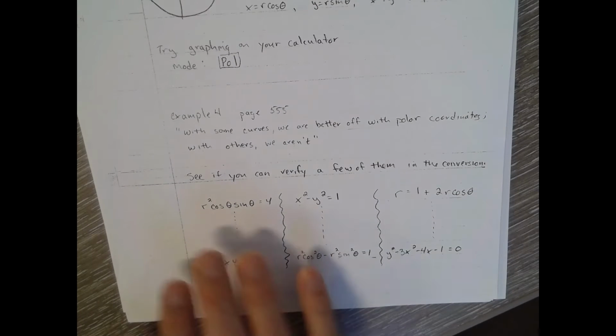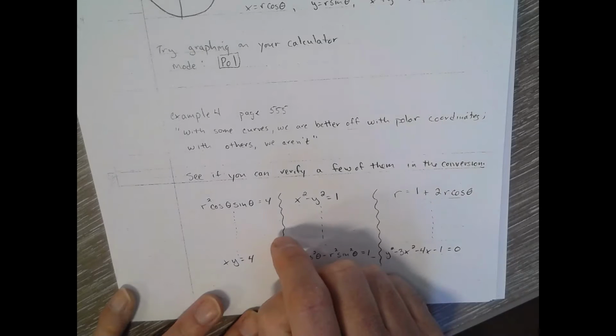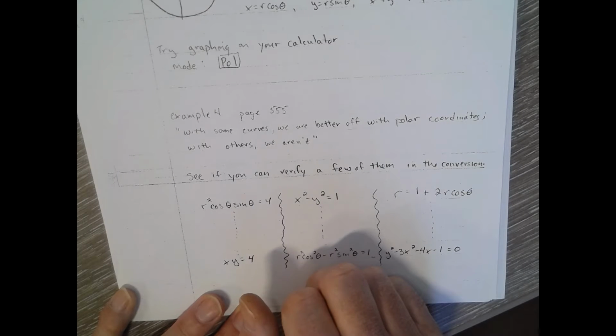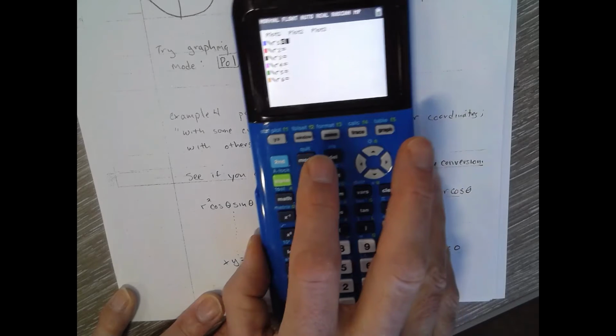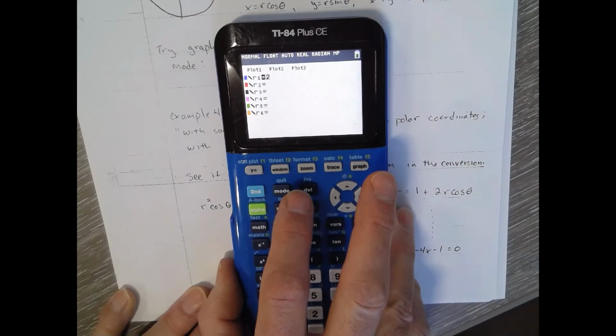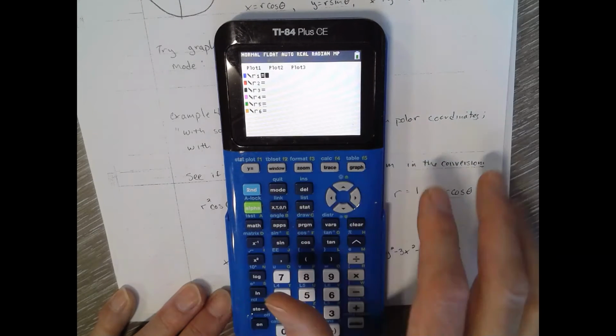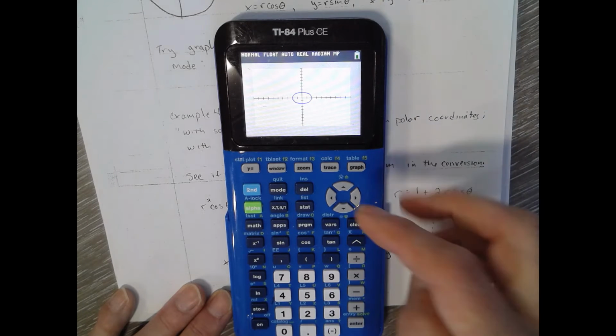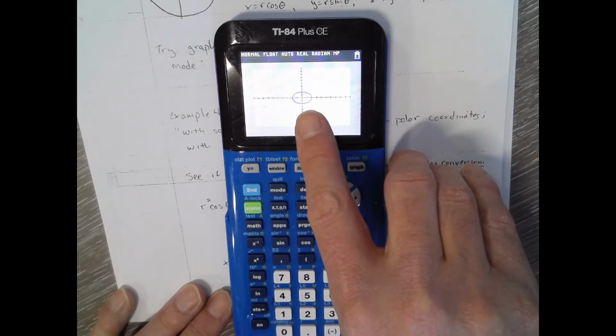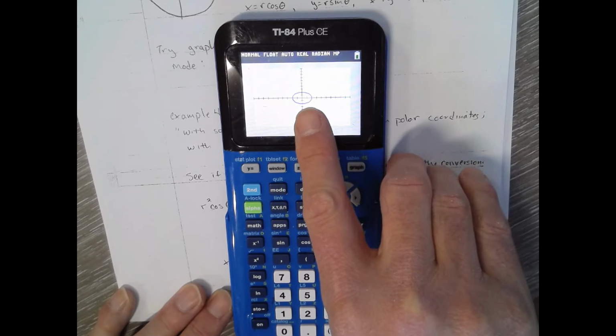Okay, so some problems and graphs are better represented with Cartesian, some are better represented with polar. So the polar ones, if I just typed in r equals 2, that gives me all points of the radius of 2. If I graph it, it's just a circle. If I did a Cartesian equation, the radius of 2 would be represented with x squared plus y squared equals 4.